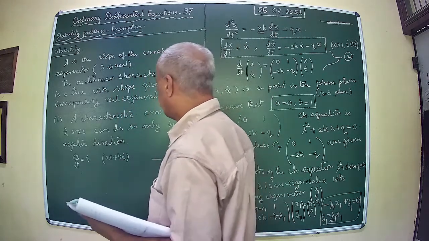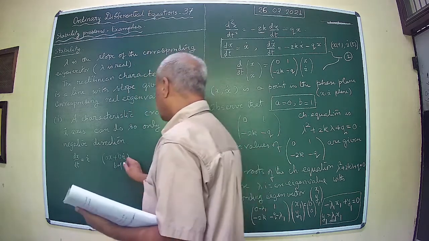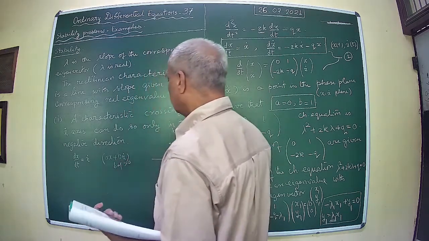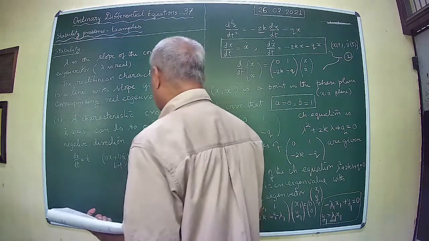So b is positive. Okay. Therefore, what happens to the characteristic here?